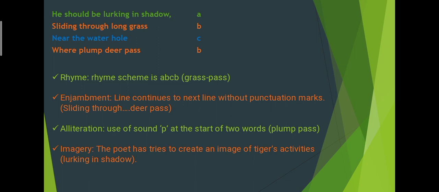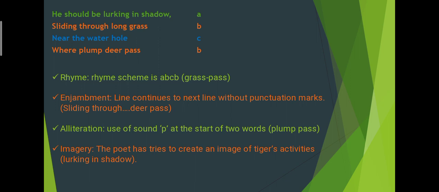Imagery means here also the poet gives an image of the tiger when he talks about the tiger by mentioning the activities of the tiger, like lurking in the shadow, hiding in shadow, sliding through the long grass, or standing near the water hole.